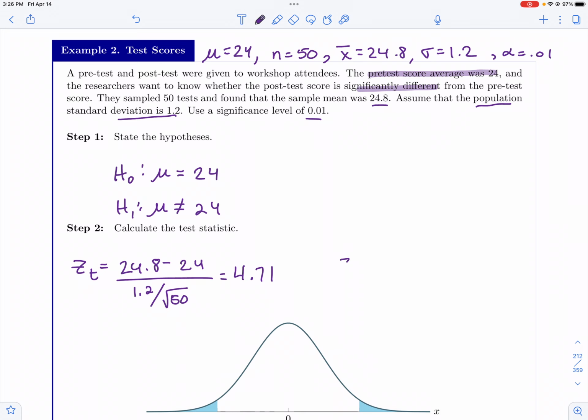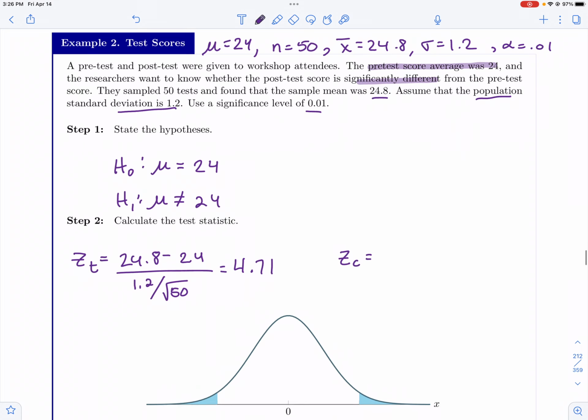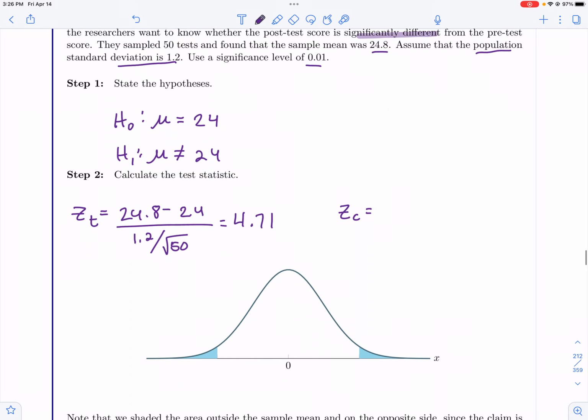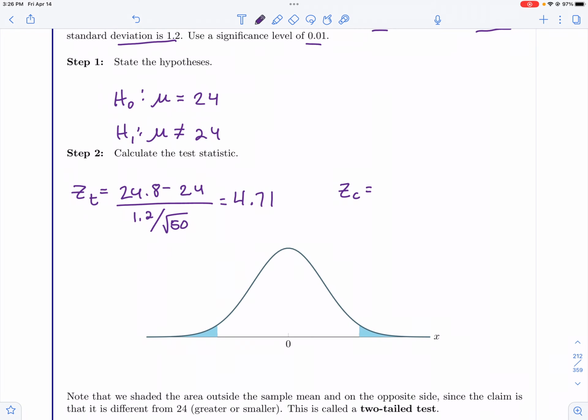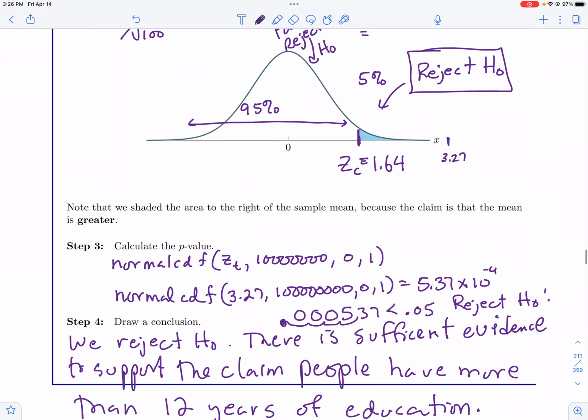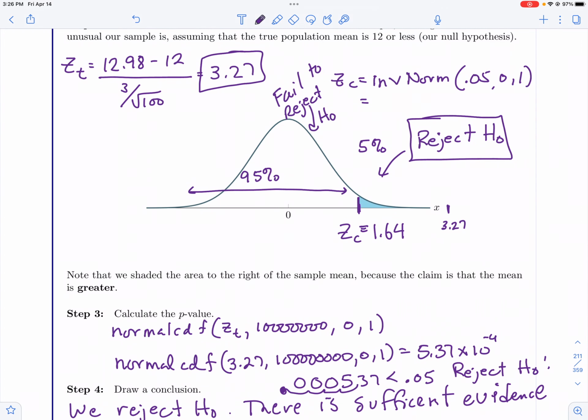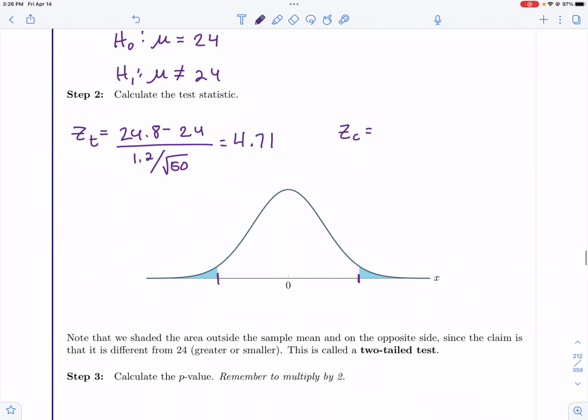All right, so now for our Z comparison. Since this one is an equals, not equals, this is a two-tailed test, and notice I've got the two separate sections shaded. Unlike the last one, where we only had the one area, and that whole area was 5% because that was our alpha, when we have a two-tailed test, this is more like our confidence interval, where we take our alpha divided by 2 to get the individual areas of these small sections.